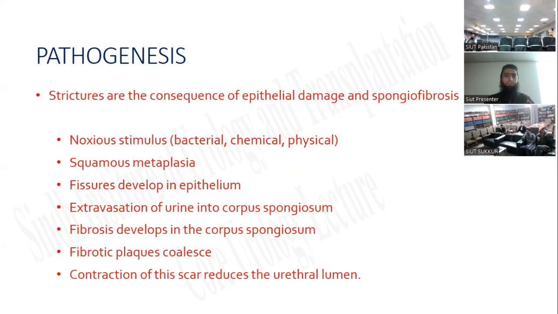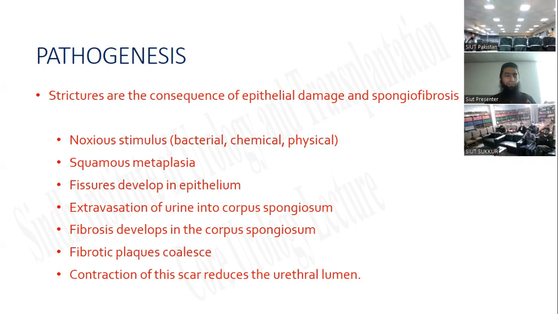The pathogenesis is that strictures are the consequence of epithelial damage and spongiofibrosis. It is basically the body's immune mechanism towards any injury or inflammation. Whenever there is inflammation from any etiology, like a noxious stimulus, UTI, chemical damage, physical disruption of the continuity of the urethral mucosa, squamous metaplasia, a fissure in the epithelium, or extravasation of urine into the corpus spongiosum, fibrotic plaques join each other and cause damage to the structure.